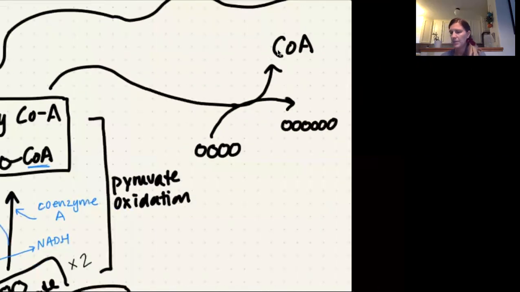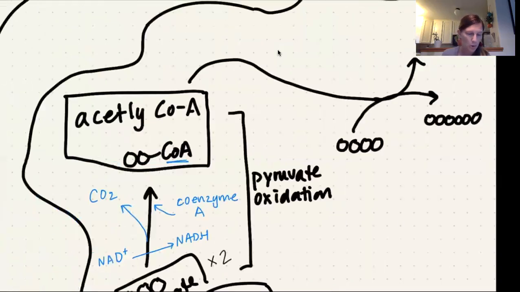That's gonna give us a 6-carbon molecule, right? And what we're gonna see in this whole Krebs cycle is that we're gonna lose carbon dioxides. So in this first step, we're gonna have 1, 2, 3, 4, 5, right?